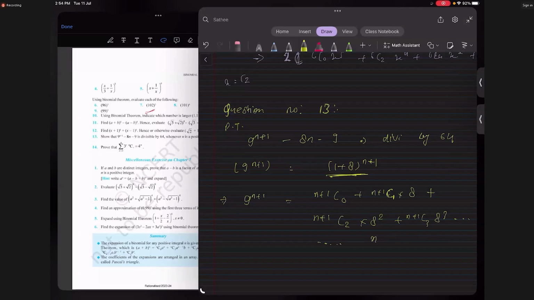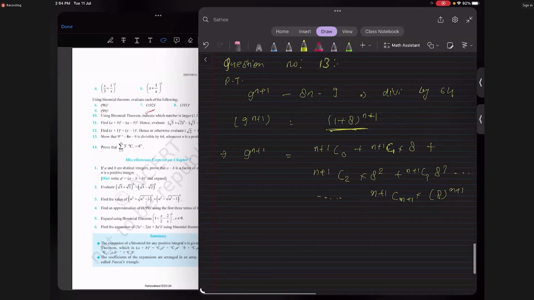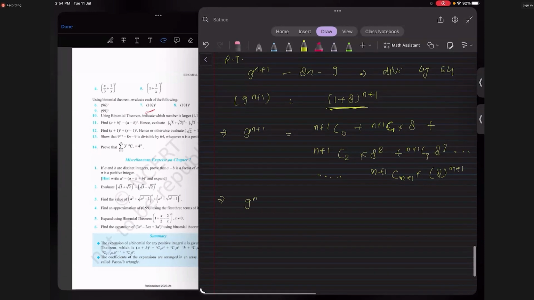The last term would be n+1 C(n+1) into 8 to the power n plus 1. If you observe this expression, this would be 1 plus (n+1) times 8 plus 64 times n+1 C2, and there would be more terms.